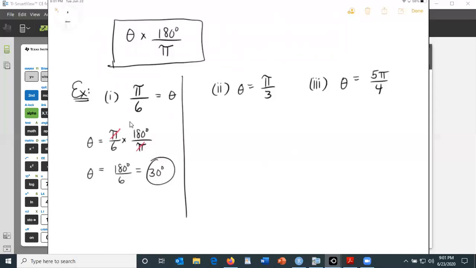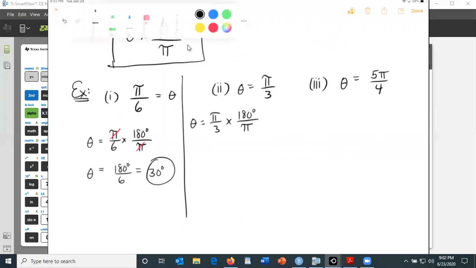So we want to convert pi over 3 radians to degrees. So just bring down the angle, multiply it by 180 over pi. And of course, pi's cancel. Pi over pi cancels out. And do you see what's left over? It's 180 divided by 3, which is 60.